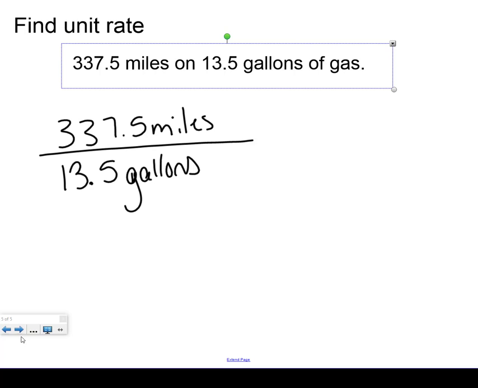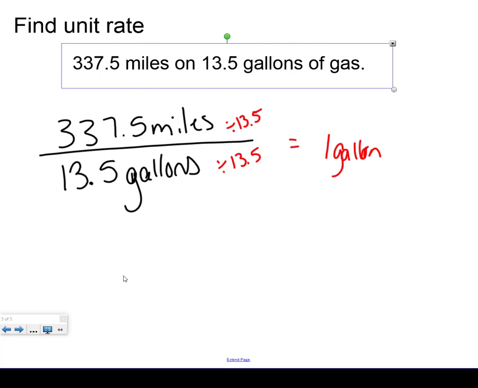All right, so how do I get the denominator to be 1? Well, I will divide by whatever my denominator is. Since I do that on the bottom, I have to do the same thing on the top because that's how we simplify. And we'll do this even if that makes the numerator or the top number become a fraction or a decimal even. We will do that to find our unit rate. And so in this case, 13.5 goes into 13.5 and leaves me with 1 gallon.